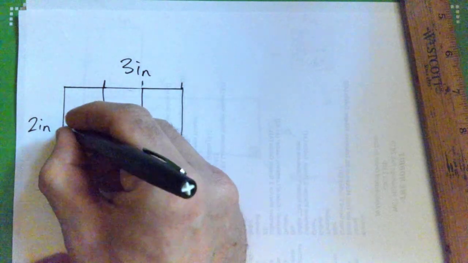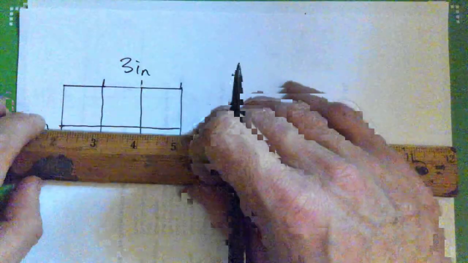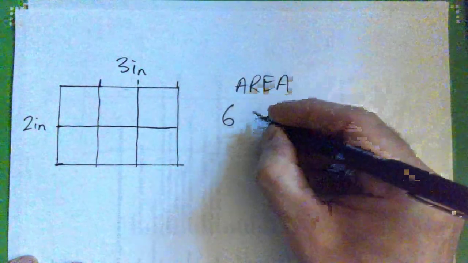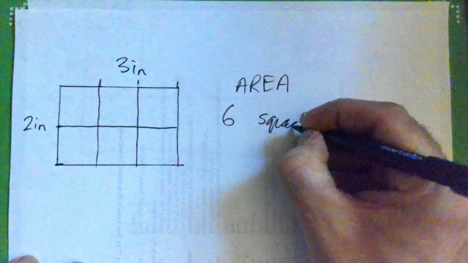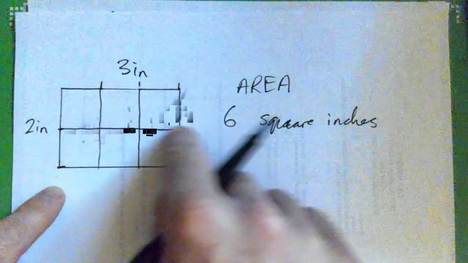Like that. Now, how many square inches are in that? How many squares that are each 1 inch by 1 inch across? 1, 2, 3, 4, 5, 6. I see 6 in there. The area that we all agree is 6 square inches. Now, did I multiply? I didn't multiply. I made it into a grid.